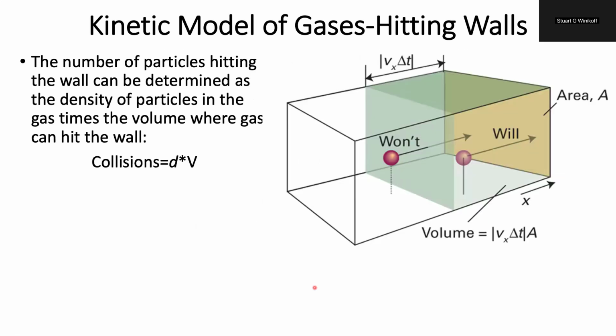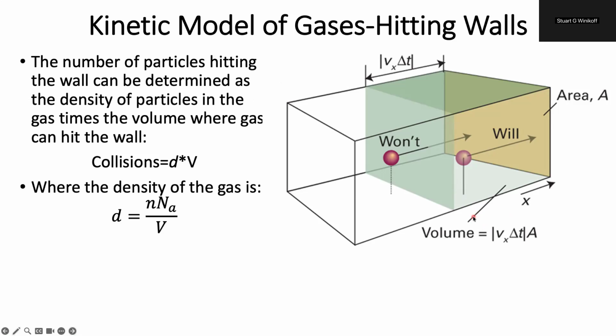So for this, we're going to need to figure out the number of collisions, or the number of particles that are going to hit the wall. So this is going to be the density of particles. So again, how many particles are in the container times the volume of gas that will hit the wall in a given time.